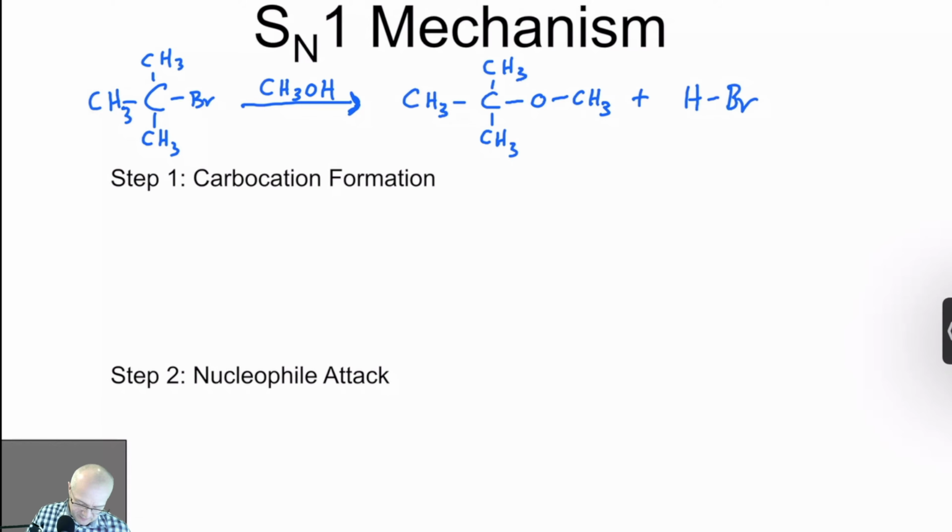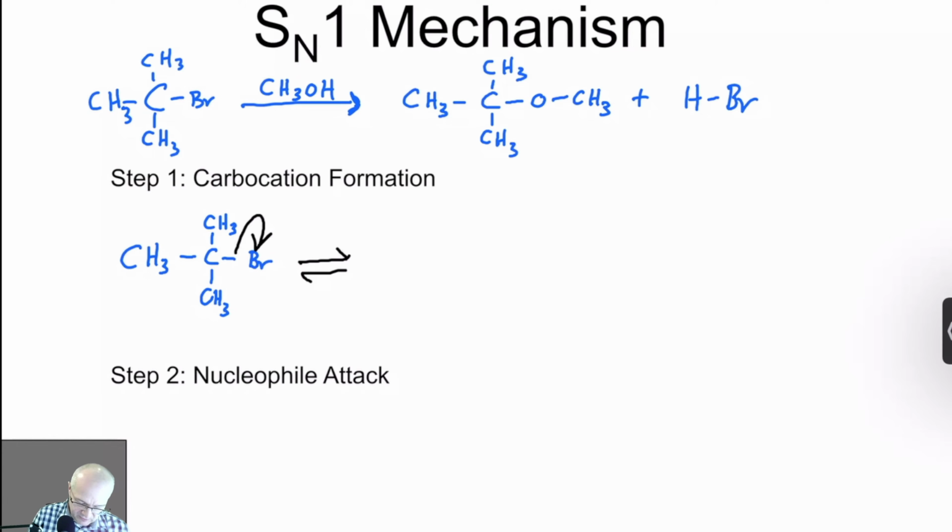What's the first step in the reaction mechanism? Well, it's the bromide leaving to form the carbocation. And that's going to be an equilibrium reaction. As the carbocation forms, of course, the carbocation can reattach itself to the bromide and you go back to where you started.